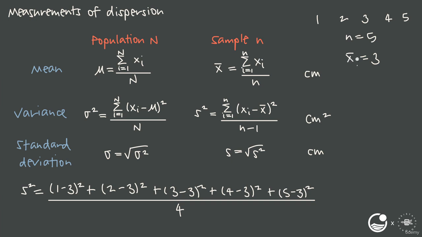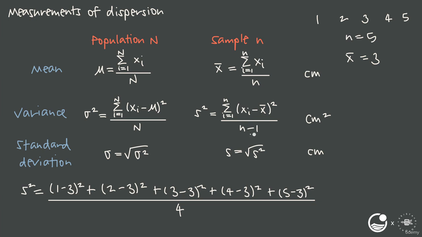Because this x bar value is by definition the single value we can find that is as close as possible to all of these values from our sample. It is the balancing point of all the values in our sample, so we're already, in a way, minimizing these deviations. So we are going to potentially underestimate deviation, and the reason that we divide by n minus 1 is to correct, at least a little bit, for that bias.